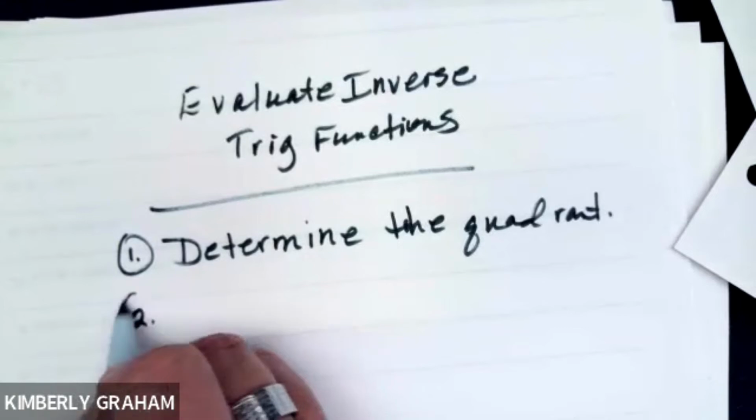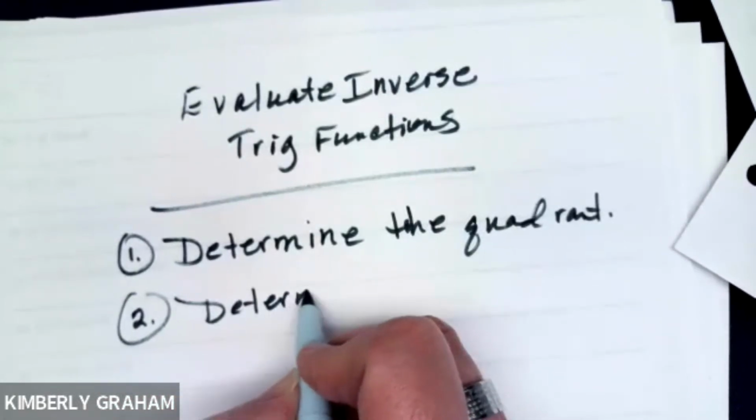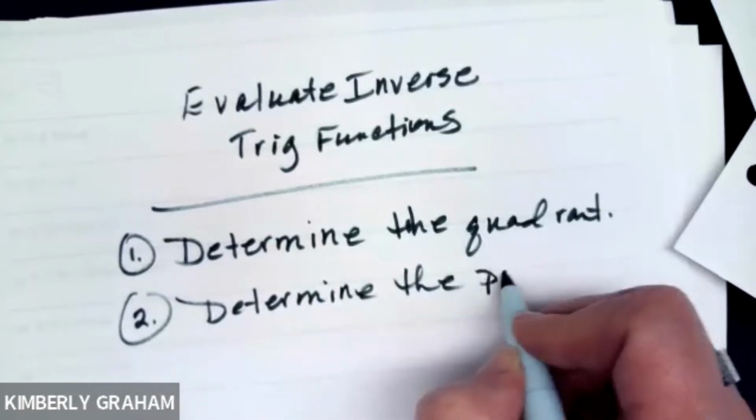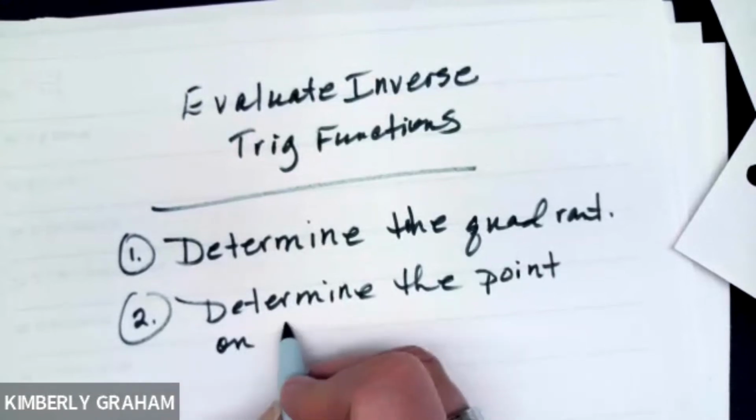The second step is to determine the point on the unit circle.